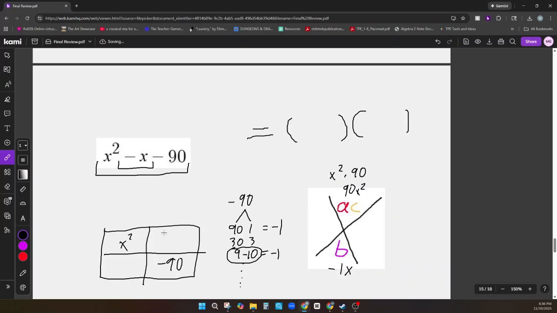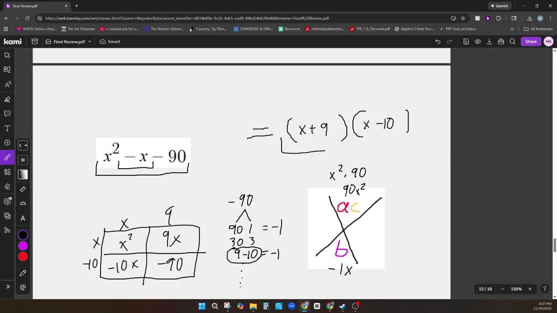Now, once I find that combination that works, I put it inside of my box. So that's going to be 9x and 10x. I got x and x, negative 10 and 9, and this is going to give me my factored answer, x plus 9, x minus 10.